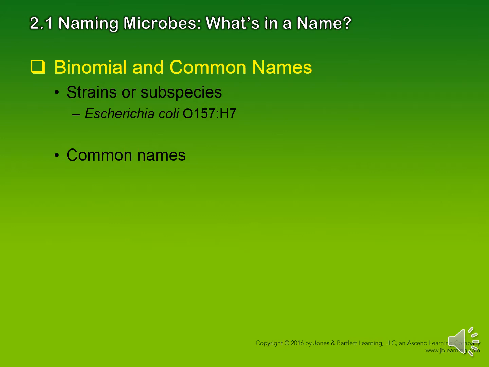Okay, so that's a very specific type of E. coli, and that type has the O antigen 157 and H antigen number 7. So when you're looking at information about outbreaks, you're often going to see Escherichia coli O157:H7.